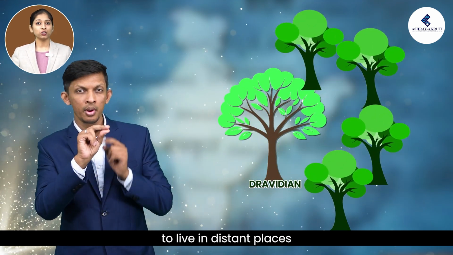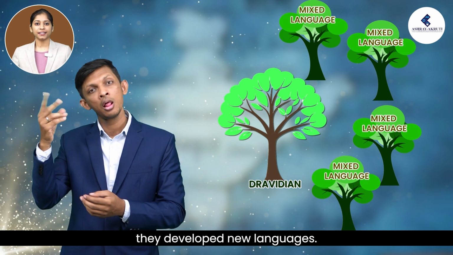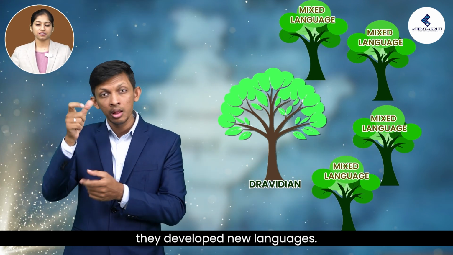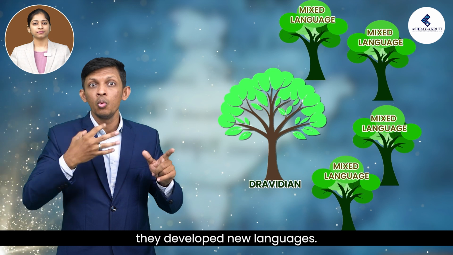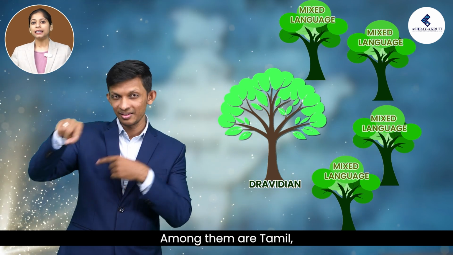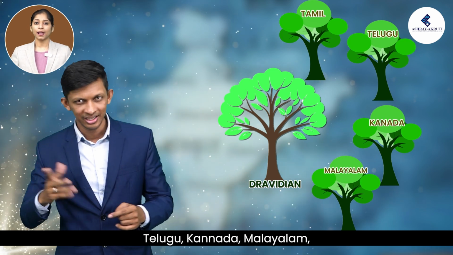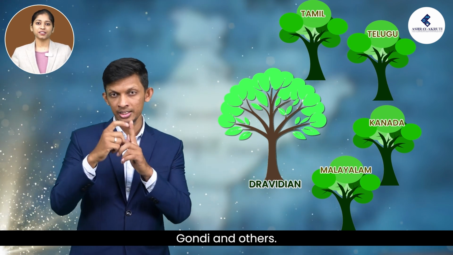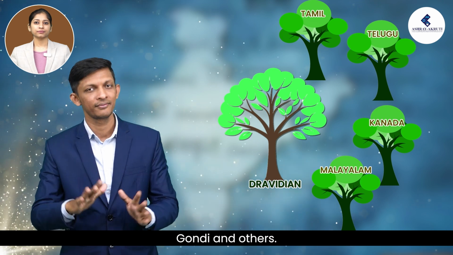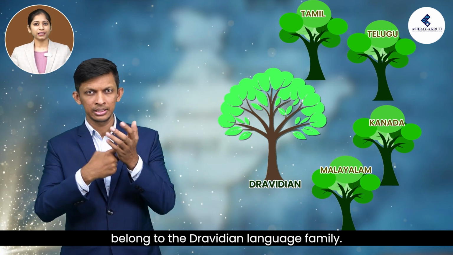When the people who spoke this language began to live in distant places and mixed with other people, they developed new languages. Among them are Tamil, Telugu, Kannada, Malayalam, Gondi, and others. These languages belong to the Dravidian language family.